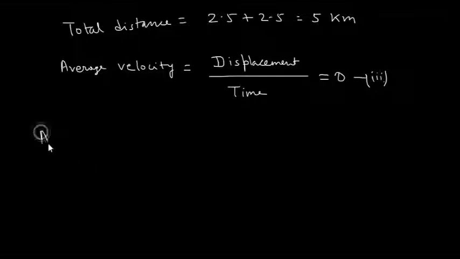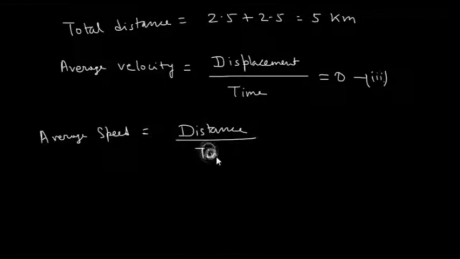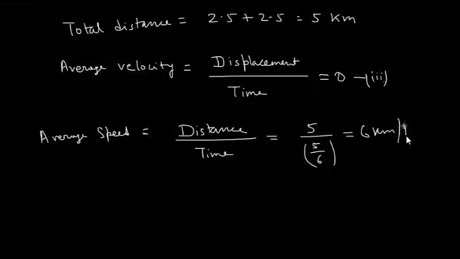Now average speed is equal to distance upon time is equal to 5 upon 5 upon 6, which is equal to 6 kilometer per hour. This is fourth.